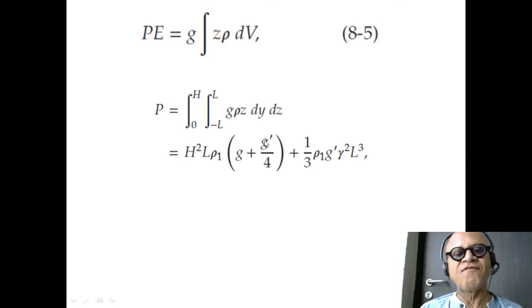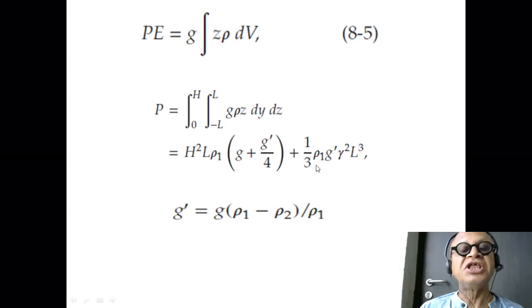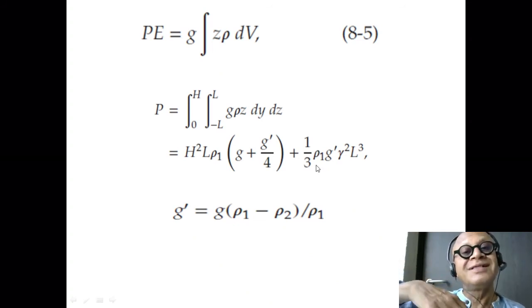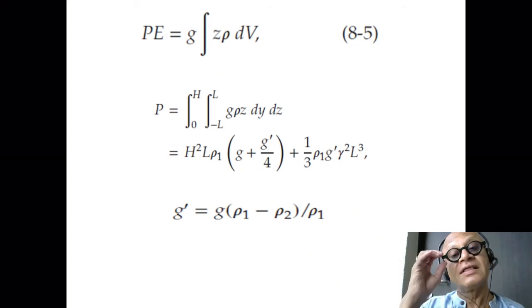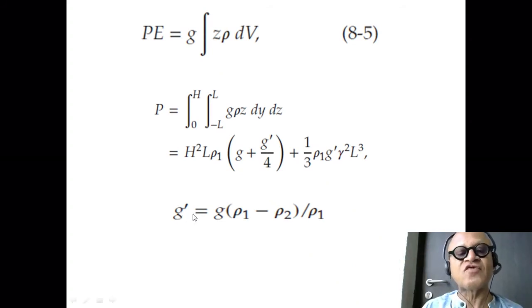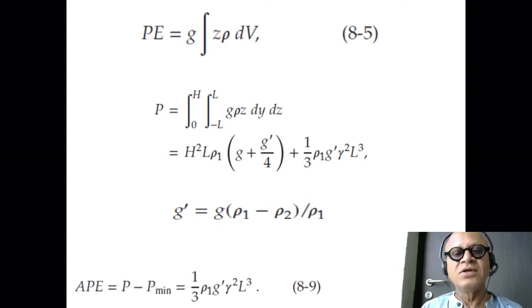You now remember your old favorite g prime, plus 1/3 rho 1 g prime gamma squared L cubed. The thing to note here is that there is no h in the second term. There is an h in the first, the mean potential energy, and then there is an additional potential energy which is independent of the height. It just depends on the tilt of the interface between the lighter fluid and the heavier fluid. g prime, of course, is our reduced gravity, rho 1 minus rho 2 divided by rho 1. Rho 1 is heavier than rho 2.